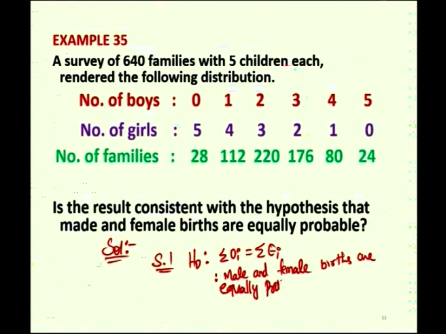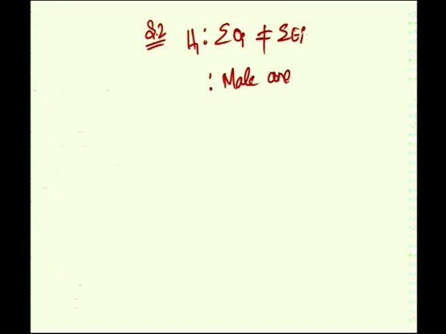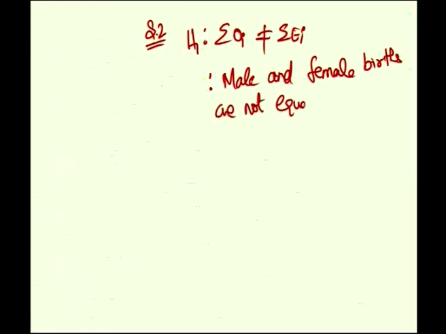Step 2: H1, summation OI is not equal to summation EI, that is, male and female births are not equally probable.